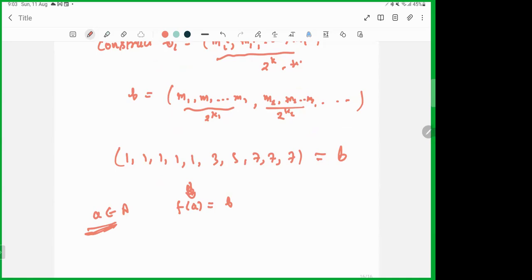For this, the first five ones, you can construct five from that. Then 3 and 5 is one, then 3 and 7 is one. But I'm confused about the prime.